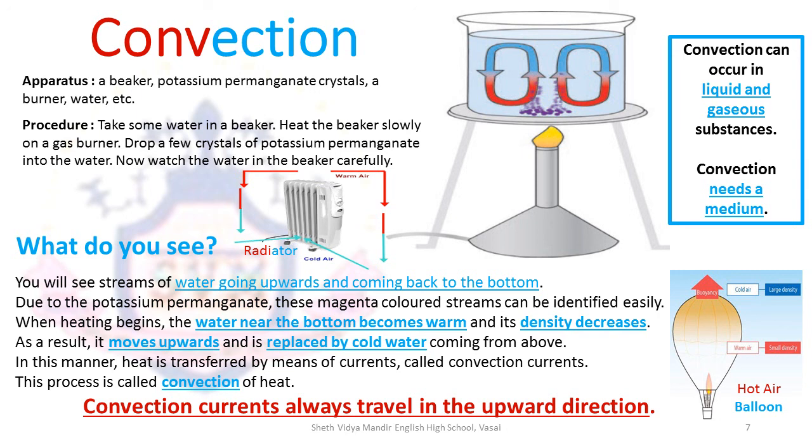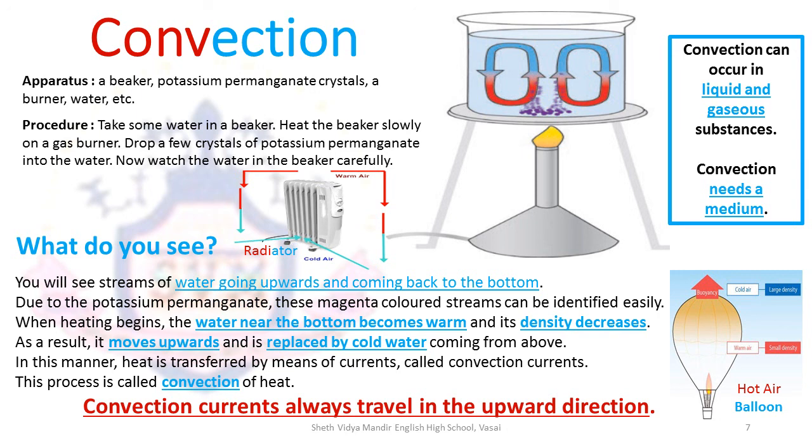So the cold water from the top will come to the bottom because it's heavier, so it will settle down. In this manner, the heat will be transferred by means of currents, which are called convection currents. So this process is called convection of heat. Always remember, convection currents will always travel in the upward direction because whatever is warm is very light, so it will rise up.